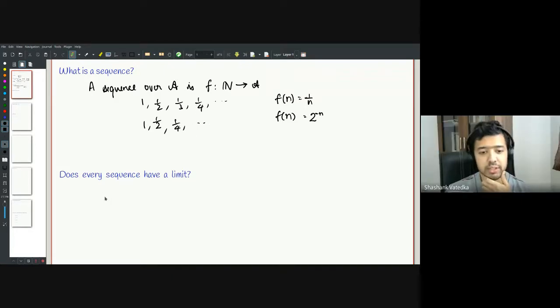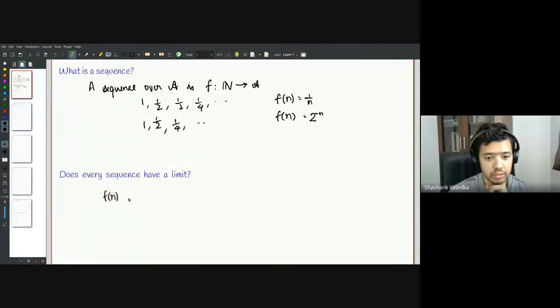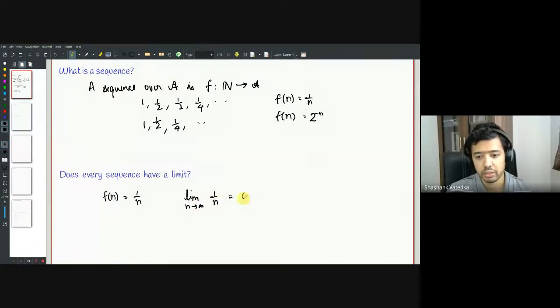Correct. But can you give me an example of a convergent sequence? f of n equal to 1 over n. This has a limit. So we say that the sequence converges, or it's a convergent sequence. And what is the limit in this case? It's equal to 0. So the limit as n tends to infinity of 1 over n is 0.